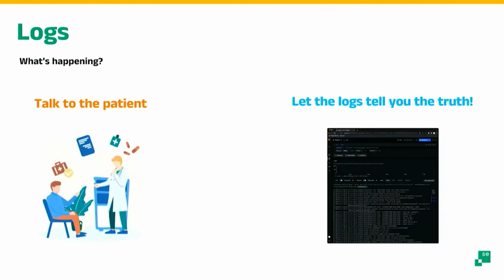Now the logs are the thing that tell us what is happening, right? We know that something is wrong, and like the doctor talks to the patient, we have the logs. It's not very clear, but here is a Grafana dashboard that shows the logs of our system. We can refer to the logs to get more context about our system and more information.